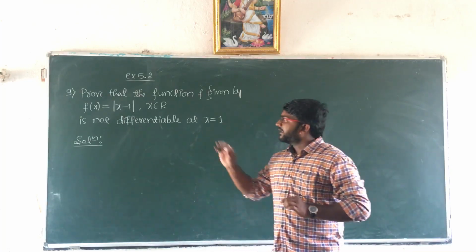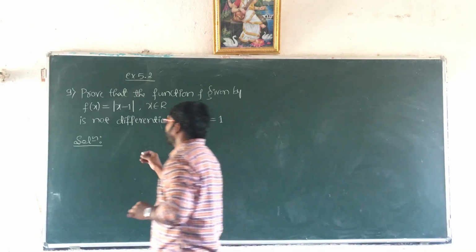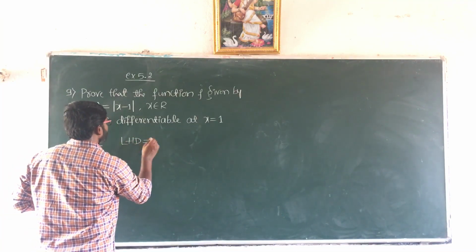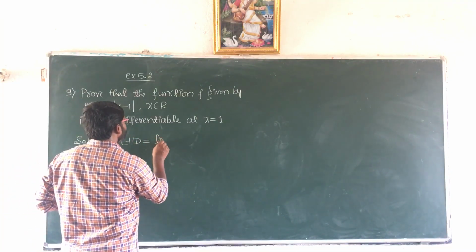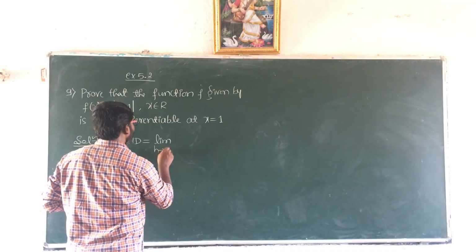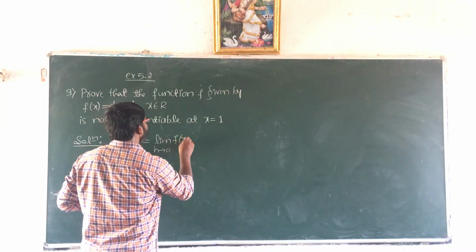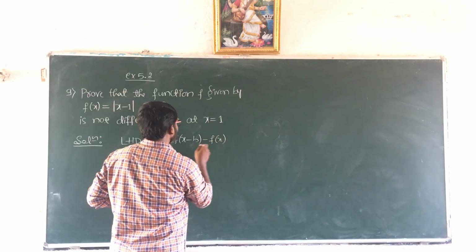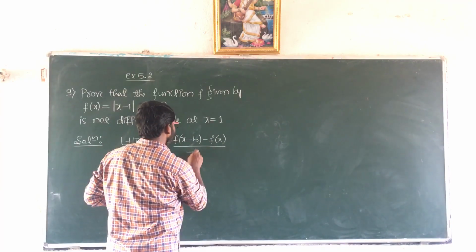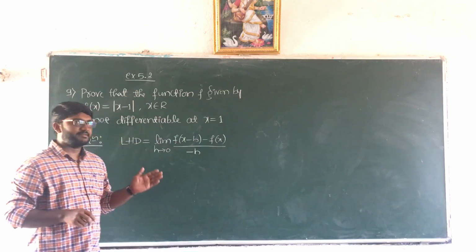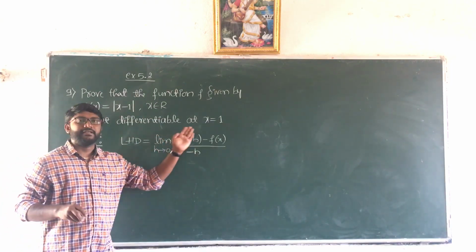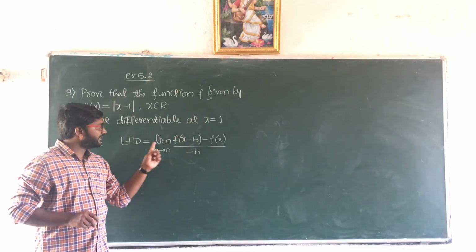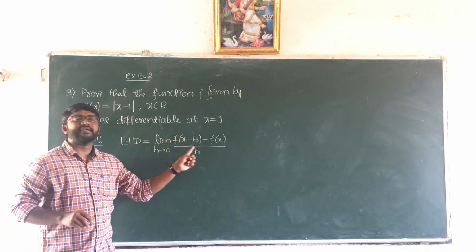So now let us go for the left hand derivative LHD, which is equal to limit h tends to 0, f of x minus h minus f of x divided by minus h. So this is left hand derivative, and it is clearly given at x equal to 1. That means here we will have to substitute x as 1.